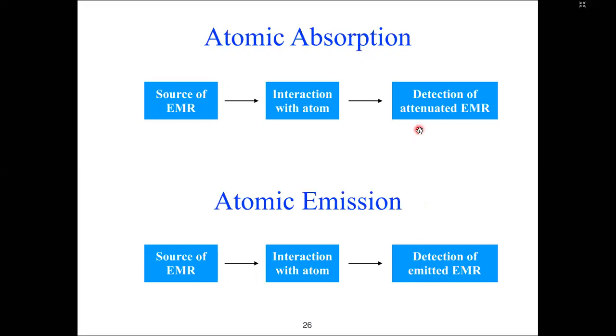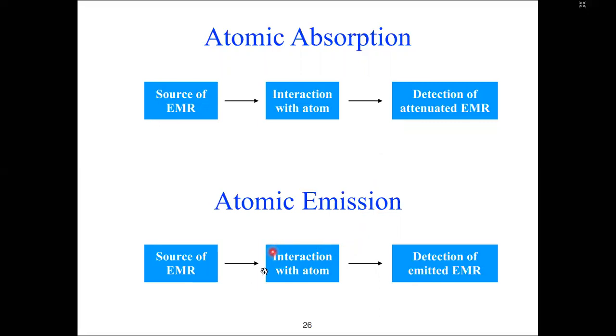Here you measure what is absorbed, what is attenuated, what gets reduced. Here you measure what is emitted. So again, atomic absorption spectroscopy is a one-step technique where you give electromagnetic radiation with a bunch of wavelengths. Then some of them are attenuated and you measure it. However, emission is a two-step technique.